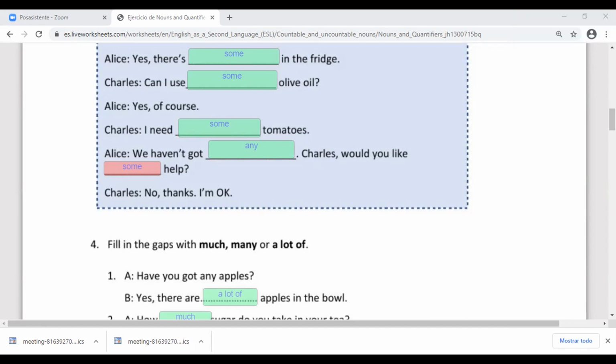Would you like some help? You use some because you're offering something. The exercise has only two options, any or some. But when you offer and when you request, you use some. So you better say, would you like some help?